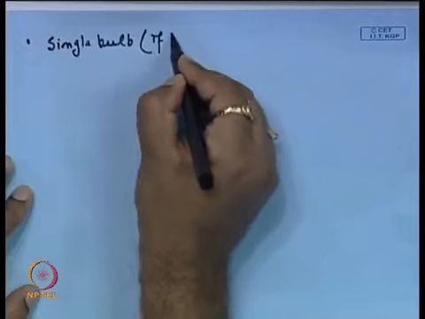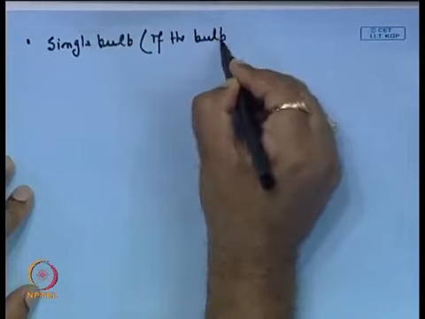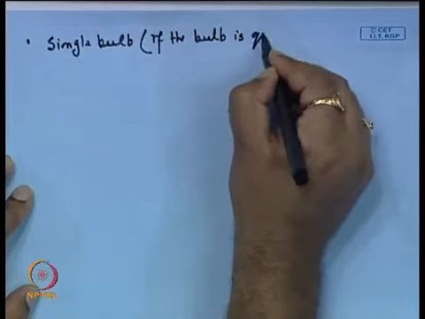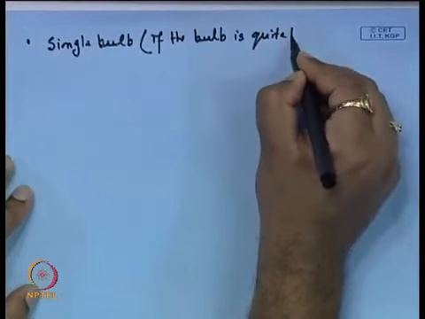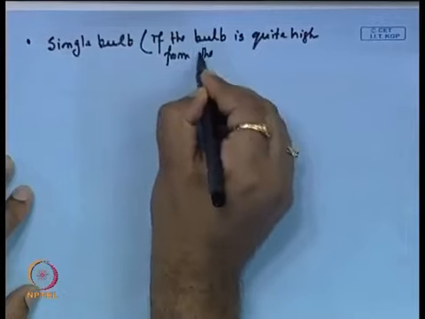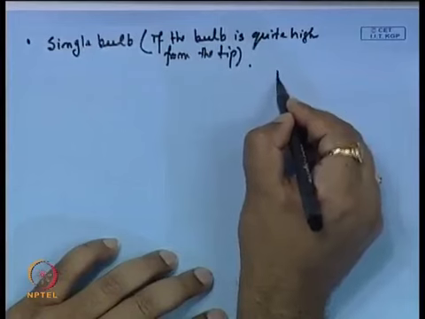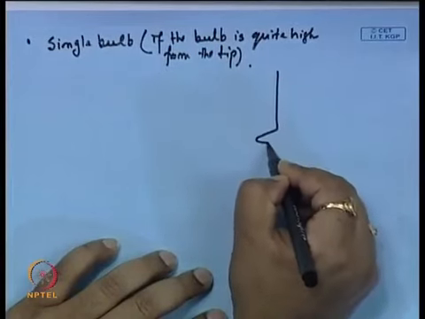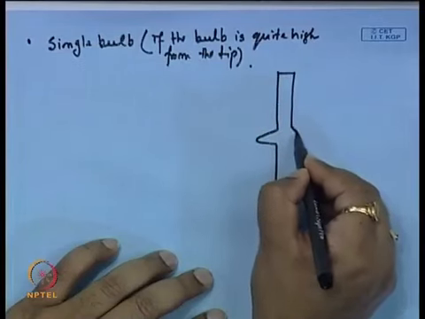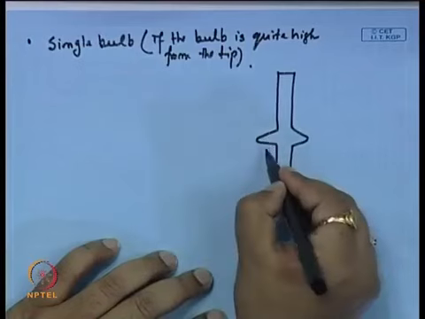Now, if the bulb is quite high from the tip, suppose this is the condition where the bulb is quite high from the base of the tip.